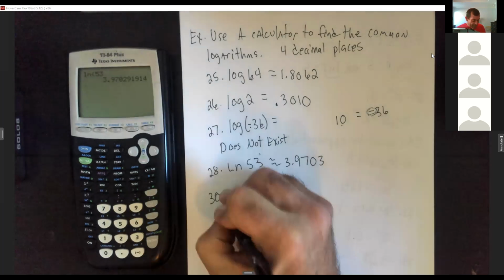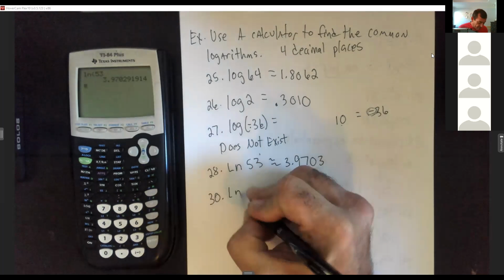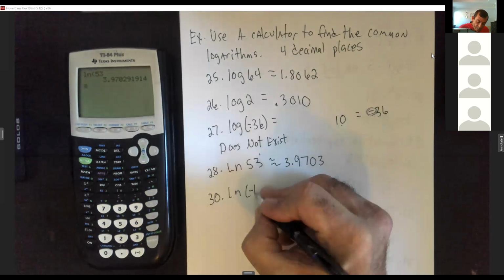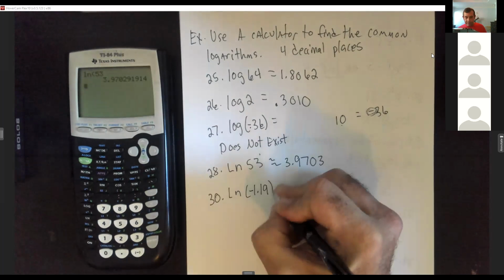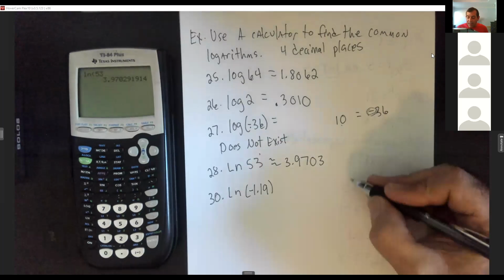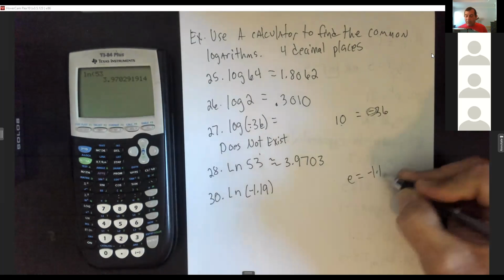All right, 29 is the same, but I wanted to hit this one. LN of a negative 1.19. So remember, LN is a base E. So can you turn the E into a negative 1.19 with an exponent?